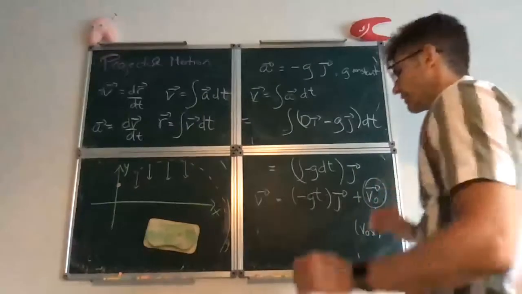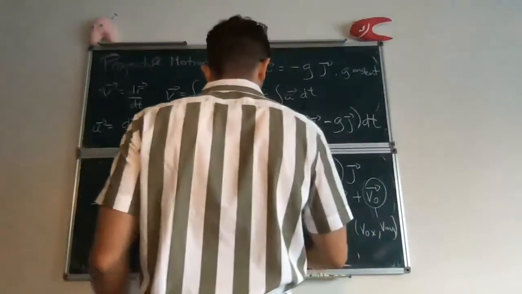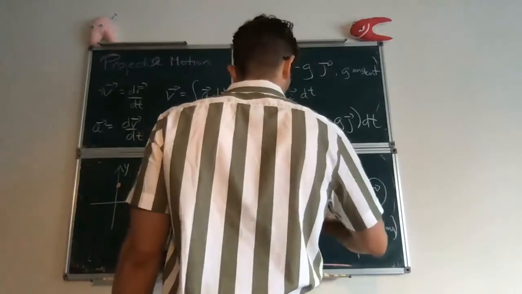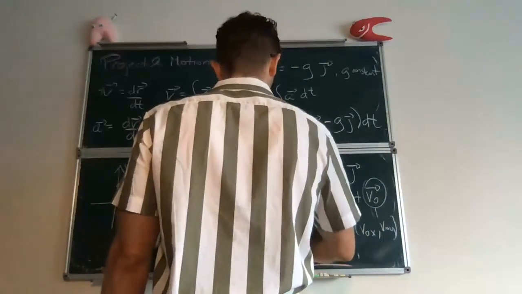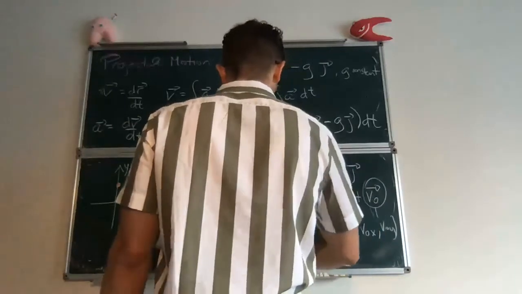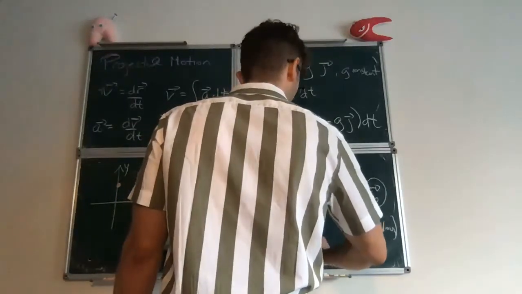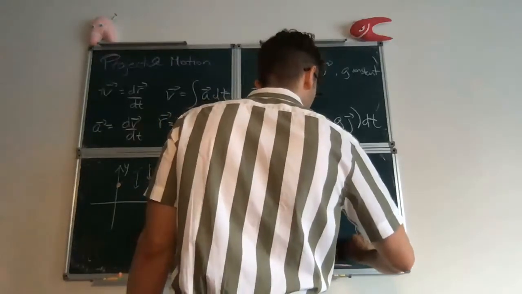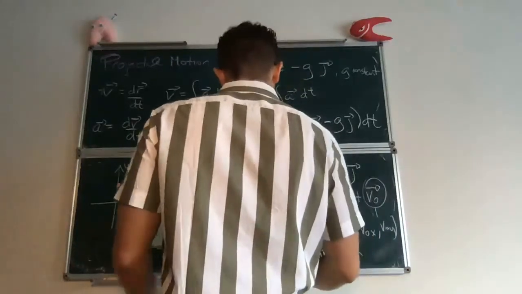So what I'm trying to say is that the constant of integration is a vector. So you just do your ordinary integral, but then you need to add that vector.